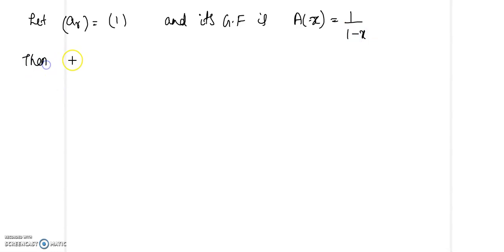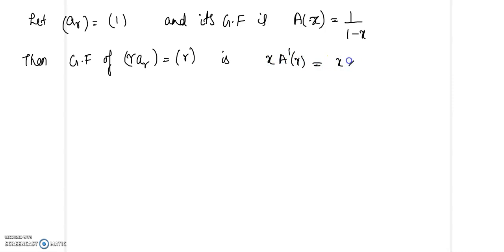Then the generating function of r AR, that is x into A dash of x, will be equal to x into minus 1 by (1 minus x) whole square into minus 1. Then we will get x by (1 minus x) whole square.